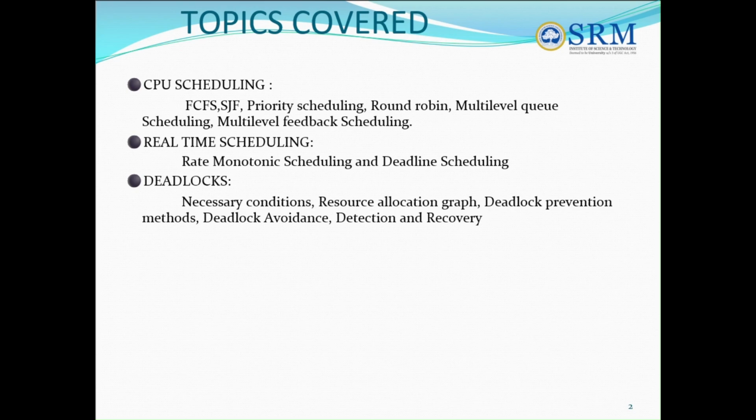SJF is shortest job first scheduling. We are arranging the jobs in order for execution on the CPU. Before that, we need to check which task will take a much lesser amount of time for execution. We need to identify that, and based on that, we send the tasks one by one into the CPU.